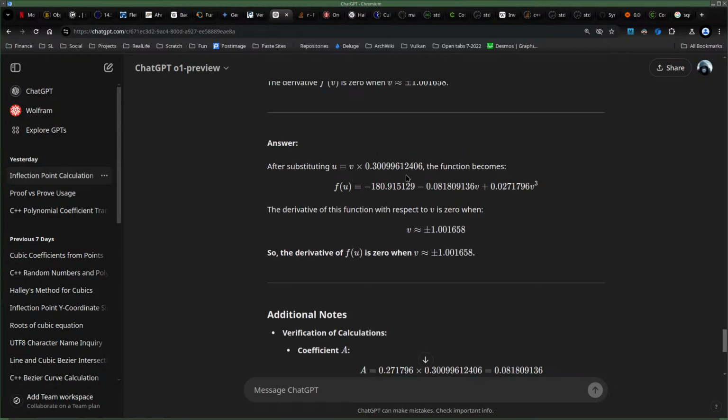Okay, let's have this verified as having the derivative equal to 0 at plus or minus 1. Oh, it already says that. Derivative of this function with respect to v, zero when? Yeah. I thought we were working with 6, 7, 8, 9 digits of precision.